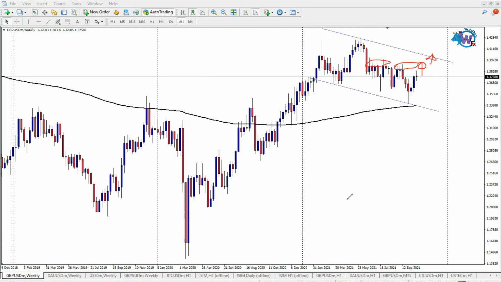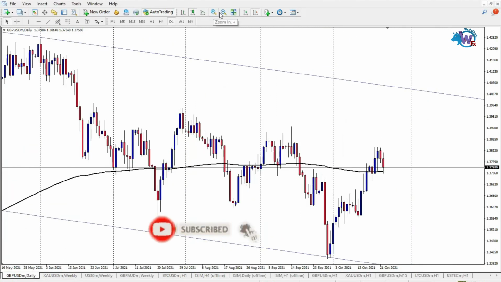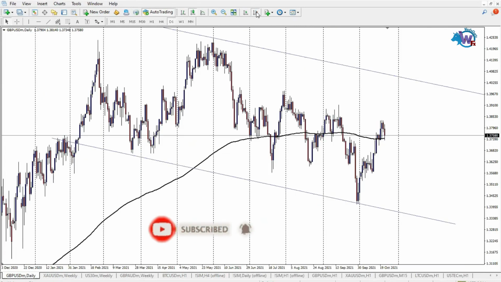So let's quickly drop to our daily to see if it aligns with what the weekly is telling us. On the daily, what do we have? As you can see on the daily, it's apparently the same thing. Looking at the market structure, I can see this structure is being respected.